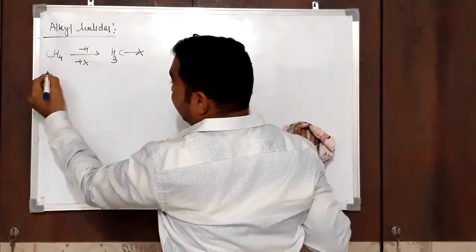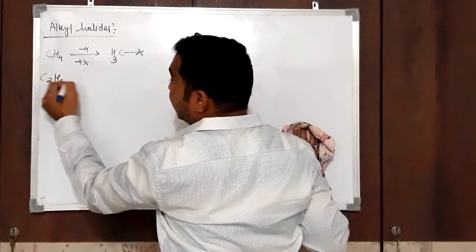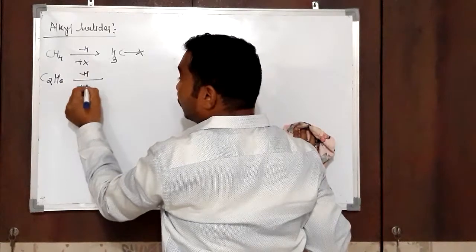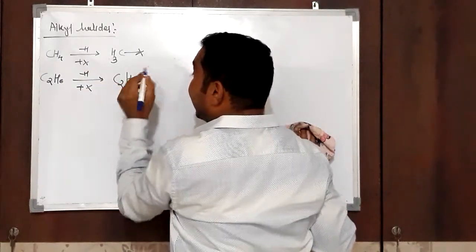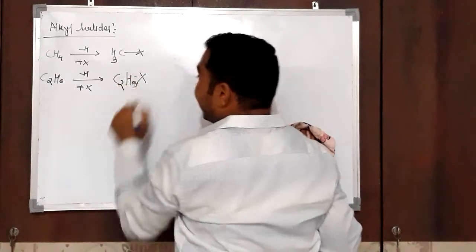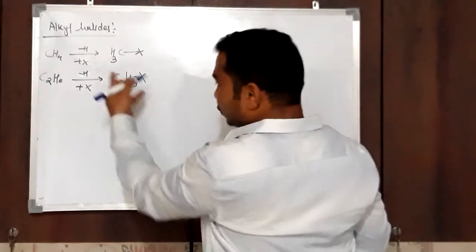Then take C2H6, ethane. From this ethane remove one hydrogen by a halogen, then C2H5X, ethyl halide, and so on.